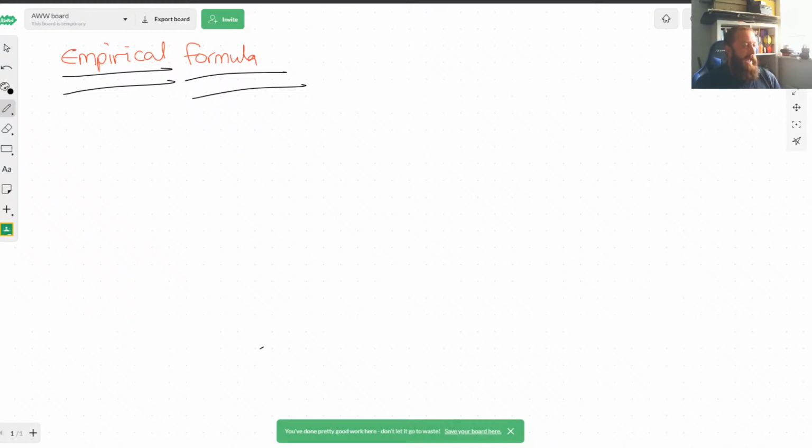Now, empirical formula is trying to work out, if we had the masses, what the ratio of atoms is if we know their masses. Now, you will have done this before in class when we were looking at generally magnesium oxide, because it's one of the practicals we do in class.